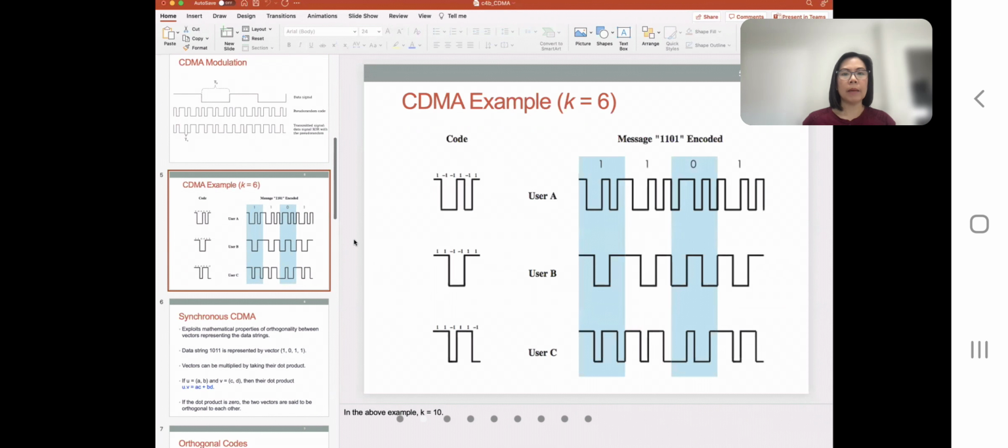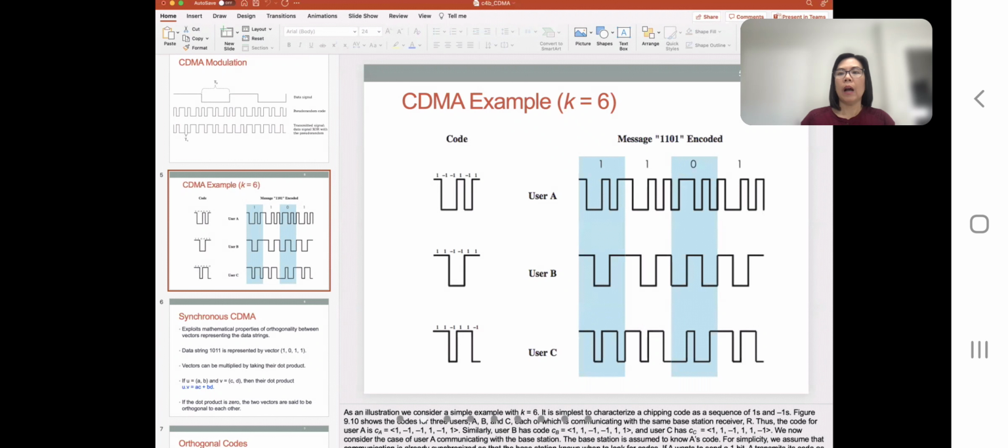Now this is another example. In this example, we have 3 users and each has its own code. So this is the code here: 1, -1, -1, 1, -1, 1, 1, 1, -1, -1, 1, 1. So they have different codes.